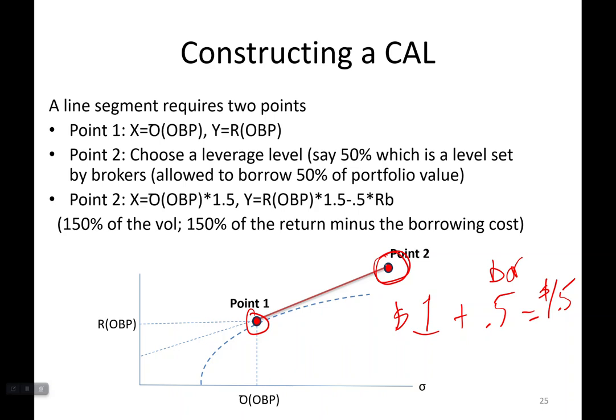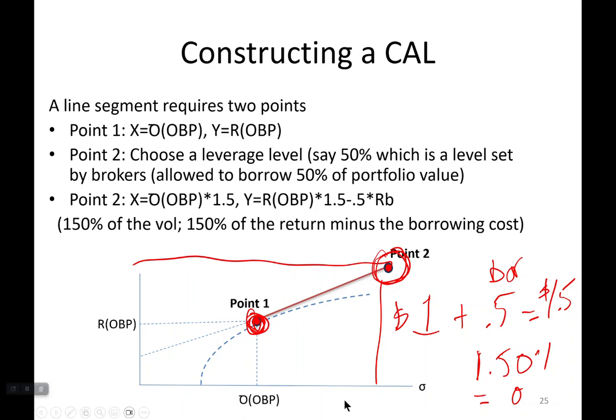So how do I find this point 2? Well, I need a mean and a standard deviation to get this point 2. When you leverage a portfolio, in this case, you will get 150% of the volatility of this portfolio you're leveraging. However, you have to pay interest, or you're not going to get 150% of the return. So let's show the formula.